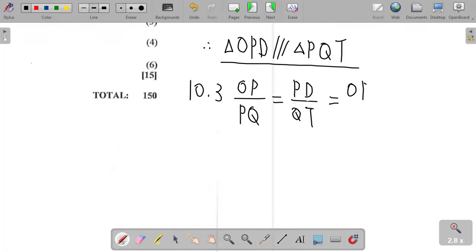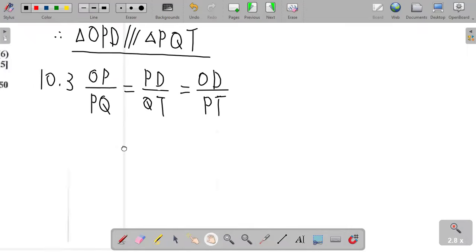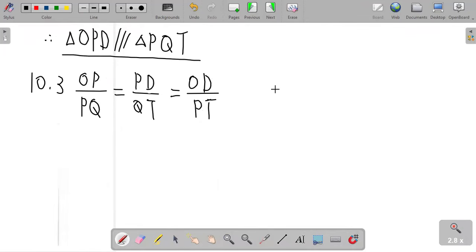So the reason here is that triangle OPD is similar to triangle PQT. So then we can rearrange.